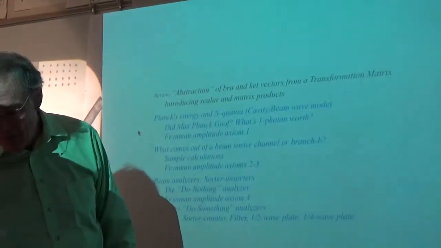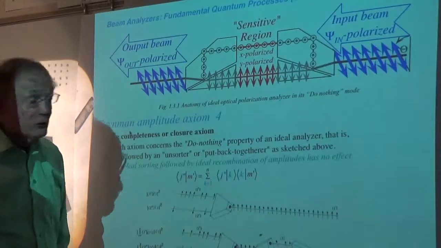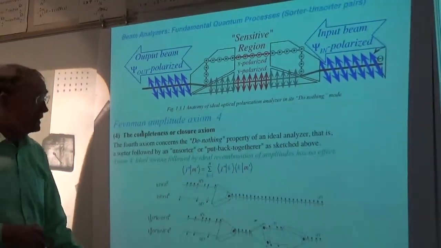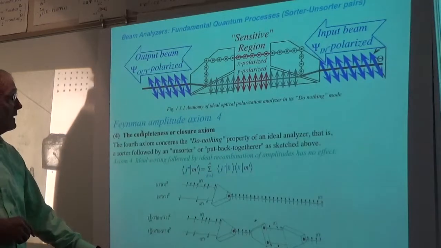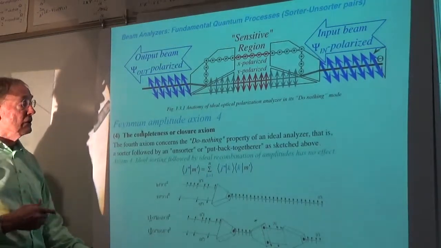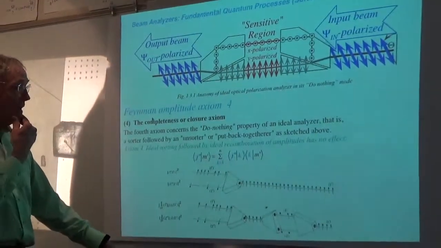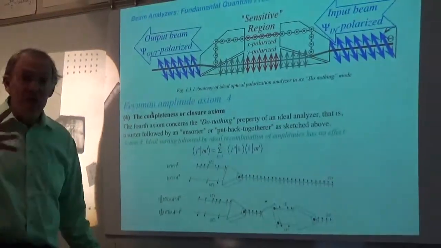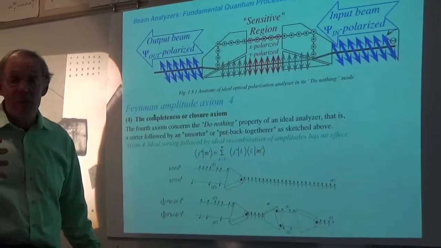Okay, now what I want to do is state Feynman's axiom. I think I can do that, and then we'll be taking this thing apart. This is the fourth and final axiom for unitary quantum mechanics. And if you know anything about group theory at all, you know it has 4 axioms too.